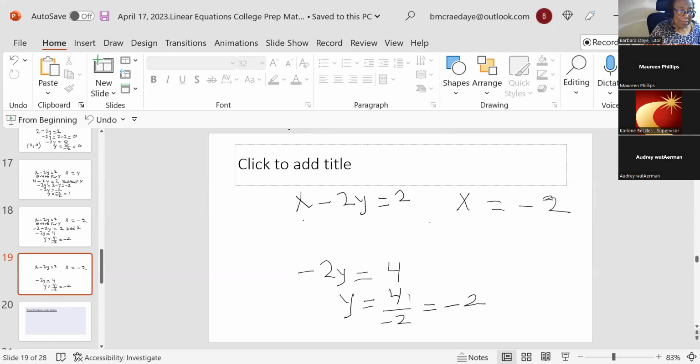So I have -2 minus 2y equal 2. Now we're looking for the y value, so we add 2 to both sides.